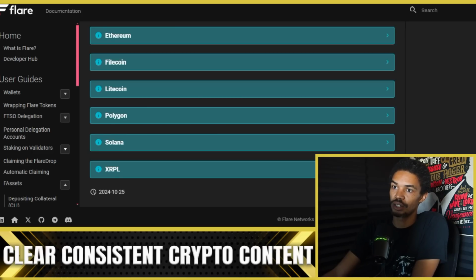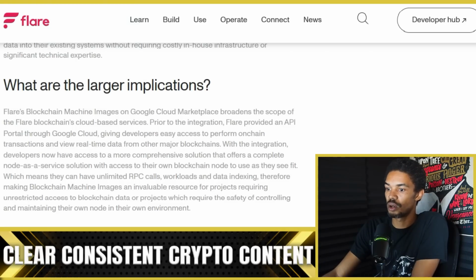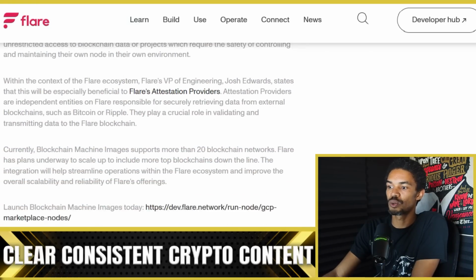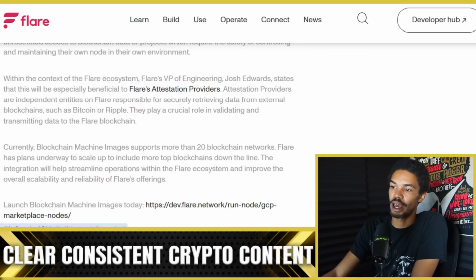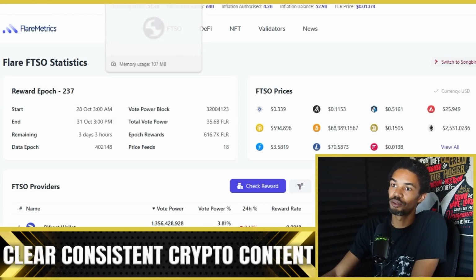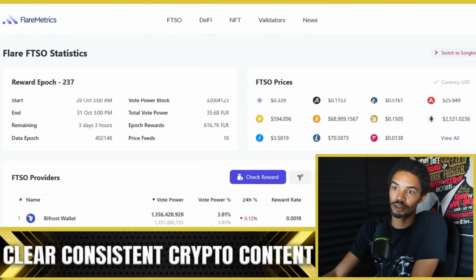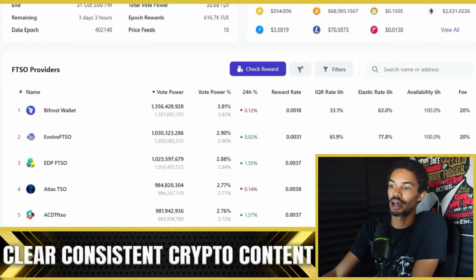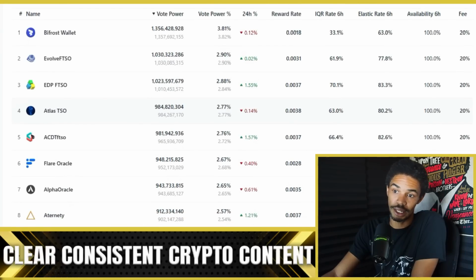And if you want to take it a step further, as they also mentioned too, that this will specifically benefit FLR's attestation providers. You can find that information here through FTSO, FLRmetrics.io, and you can see the FTSO data providers listed here.